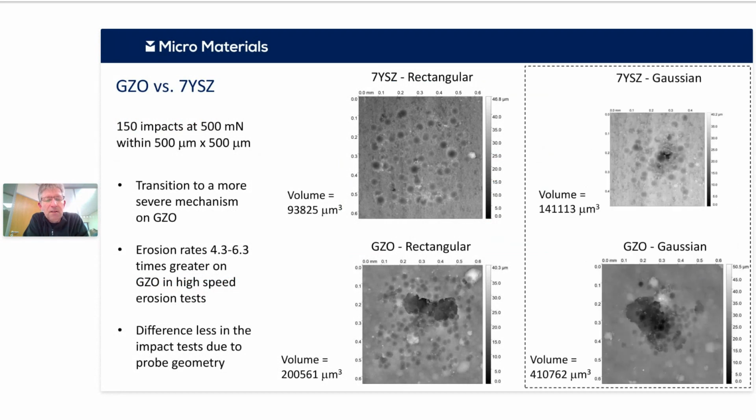But if we run it on and look under more severe conditions, in this case with the Gaussian distributions, then we're getting about a 3-to-1 difference between those two. And that is broadly in the range of what you see in real erosion tests, where they're typically around 4 to 6 times difference for typical samples.